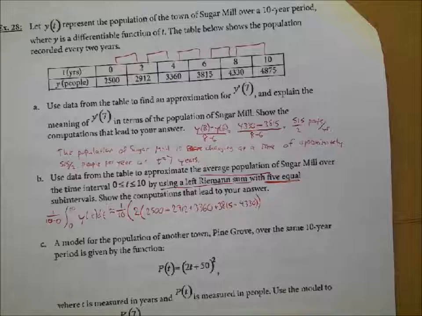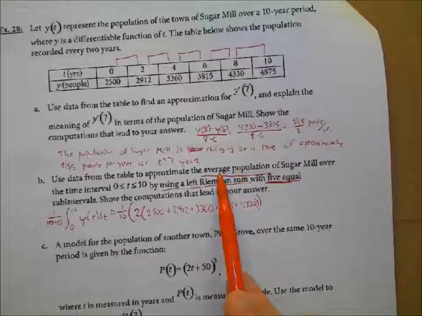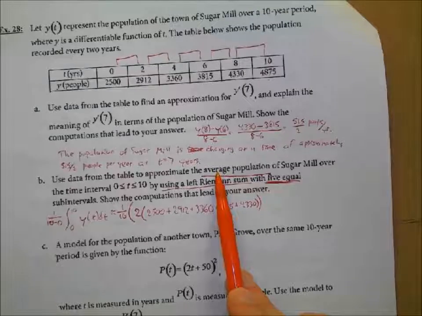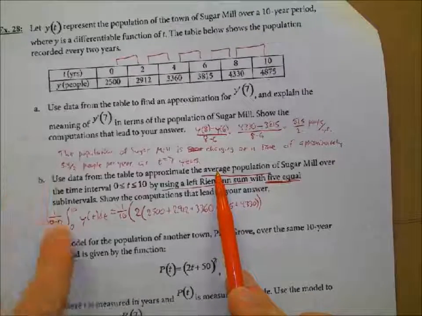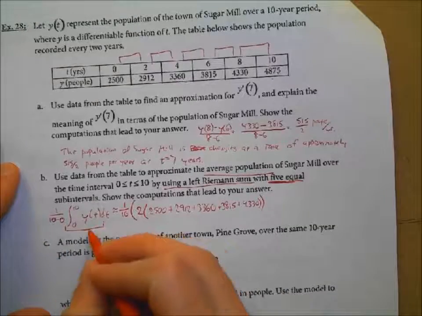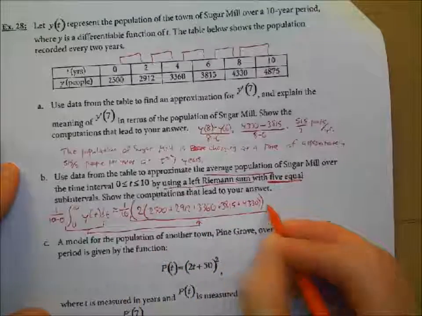Yes? How do you know when to put the 1 over 10 there? What are we asked to find here? Well, it's just because that's how you find average value. Exactly. It's the 1 over b minus a times the integral. So this right here is being approximated by this right here.